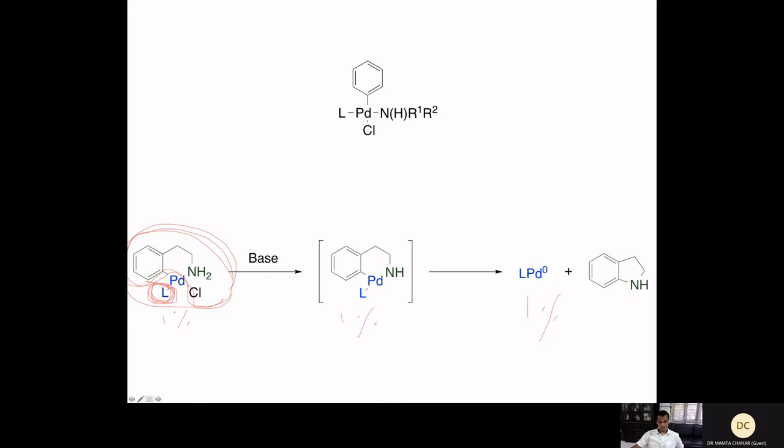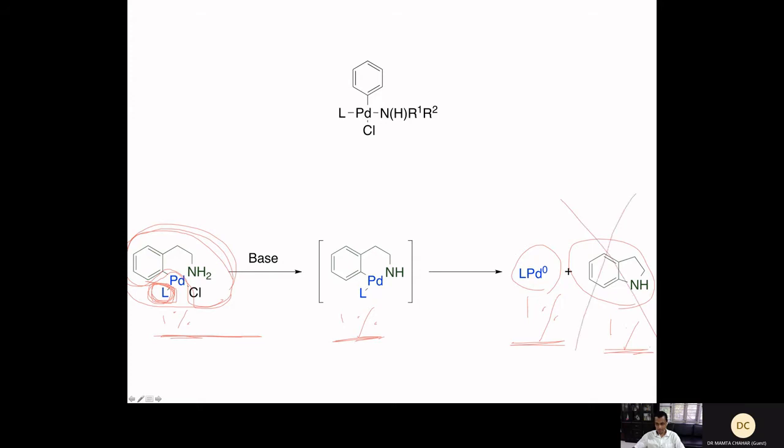Now with this, you just go ahead and do the reaction. The first thing that happens in the reaction is generation of ligand palladium 0 with 1% formation of this, because you have started with 1 mole percent of this. 1 mole percent of this will form first, then 1 mole percent of this, then 1 mole percent of this.